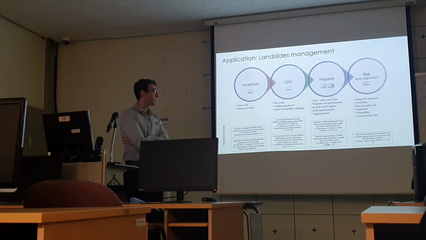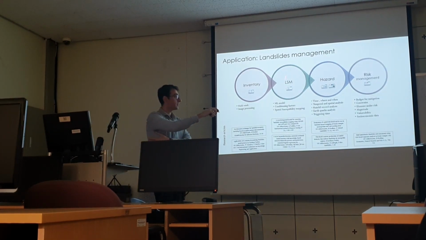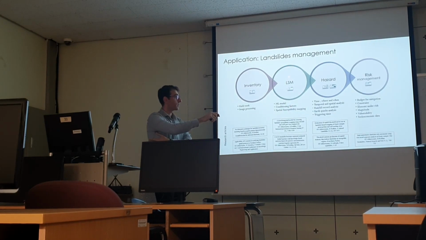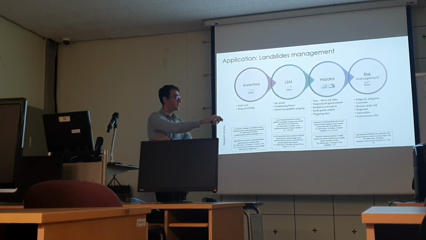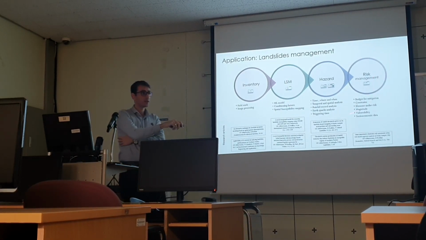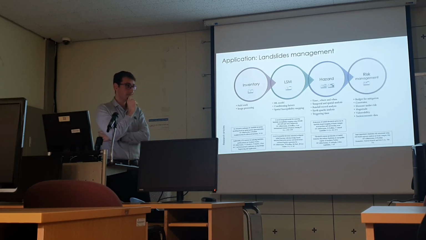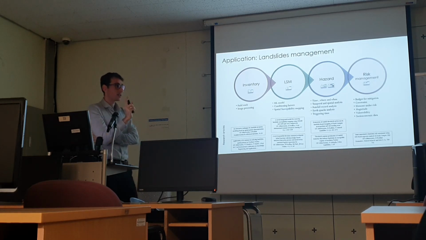You can see most of the publications are in susceptibility mapping, because the risk needs too much data related to social data, the elements at risk, and also some economic values that come from the insurance companies, and it's not actually available for research. And we also published along all of this process.